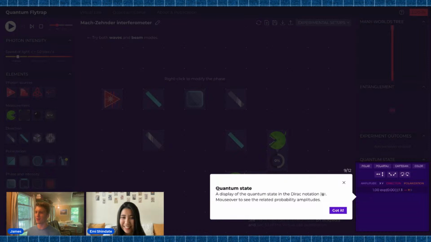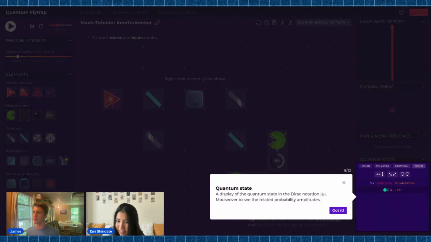A display of the quantum state. Okay, this one I've seen before. Dirac notation. So it says mouse over. If you mouse over that thing on the right... Okay. Polar tau. Oh, interesting. Okay, that's polar coordinates, I think. Polar tau, I'm not familiar with. Cartesian, fine.